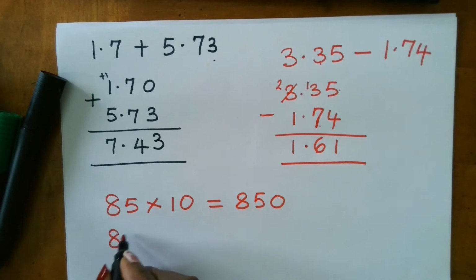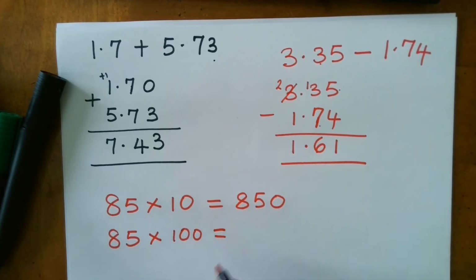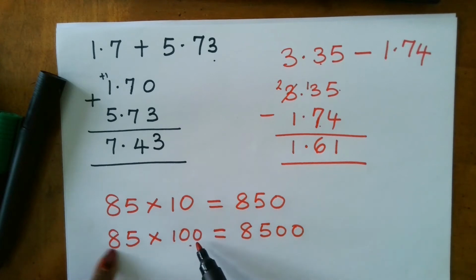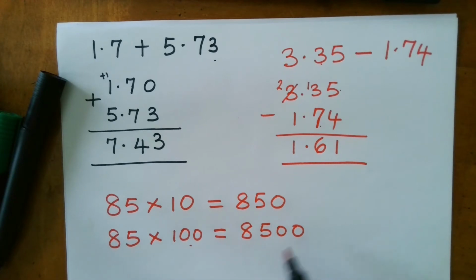If I have 85 multiplied by 100, because I've got 2 zeros here, I'm going to add 2 zeros at the end. So whatever multiple of 10 you're given to multiply by, you need to add that number of zeros at the end.